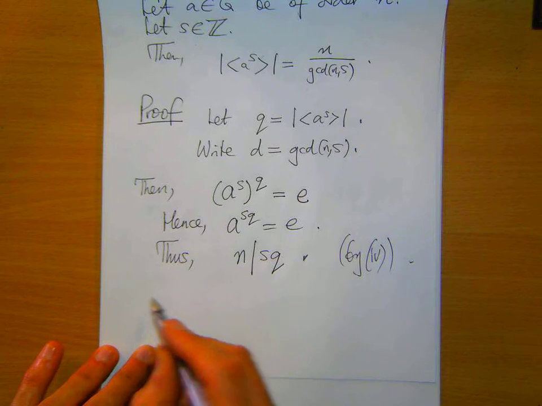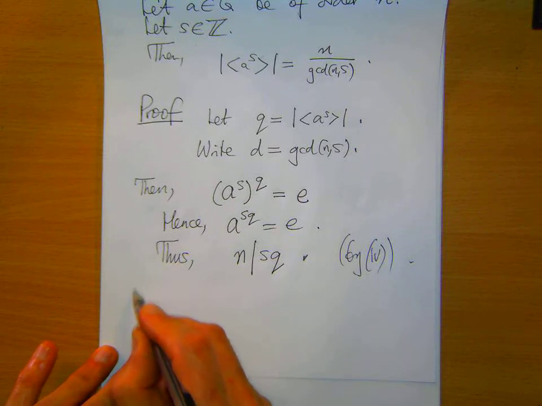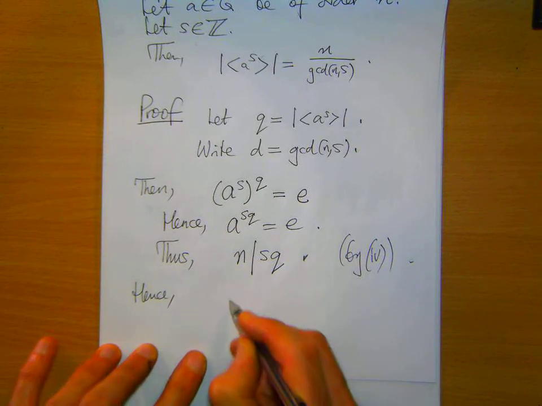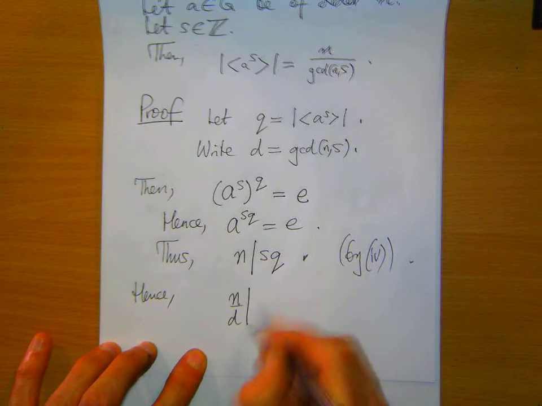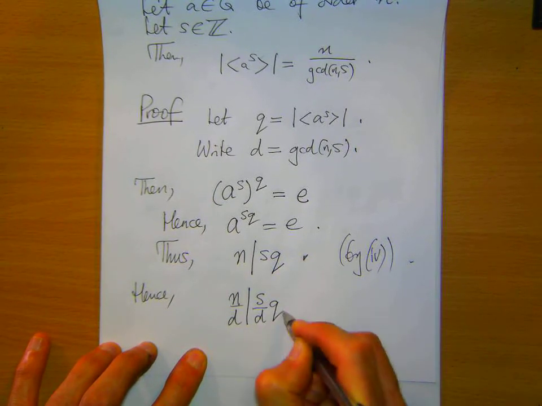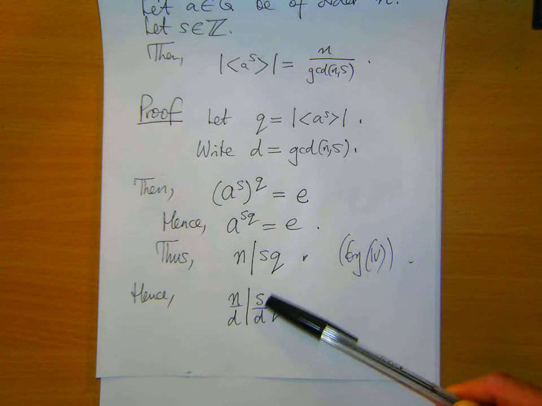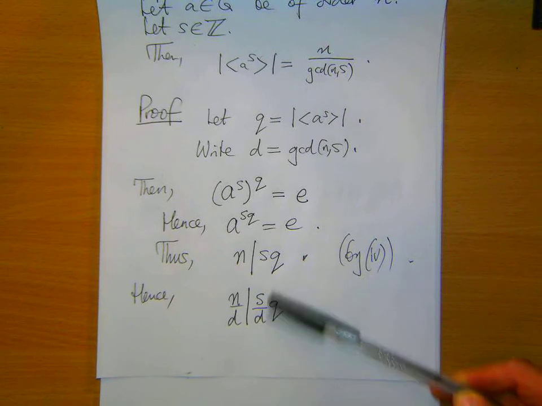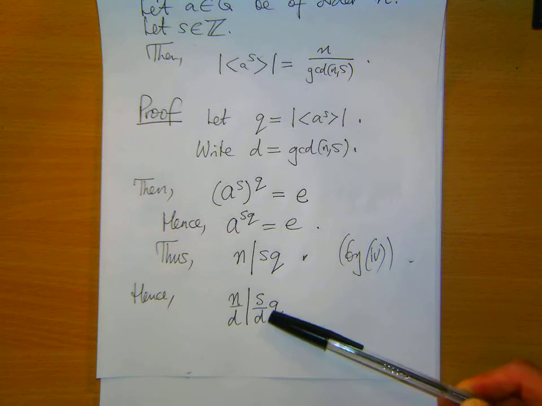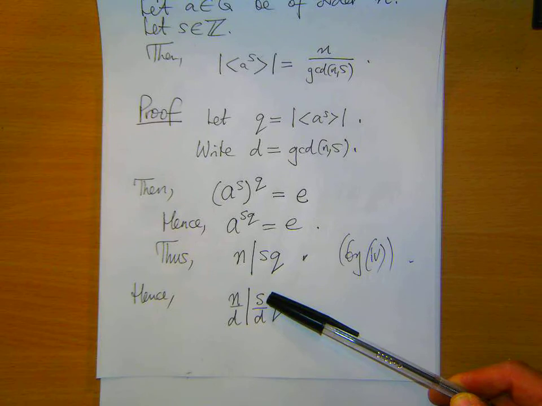So n over d must divide s over d times q. You might want to think about that. sq is a multiple of n, so s over d times q must be a multiple of n over d. And notice s over d is a natural number because d is a divisor of s.